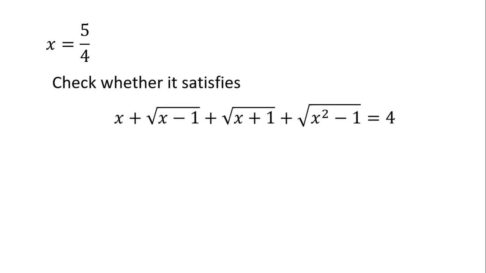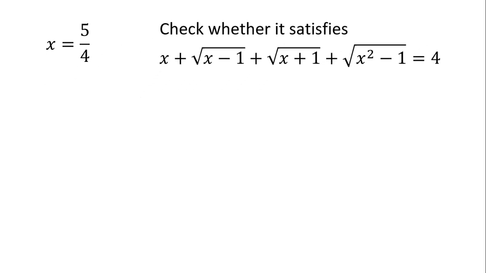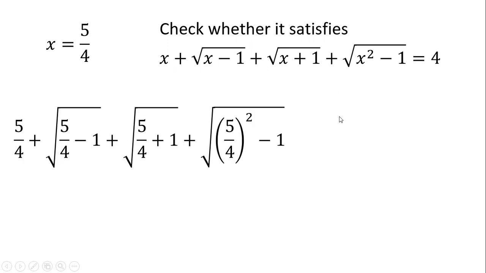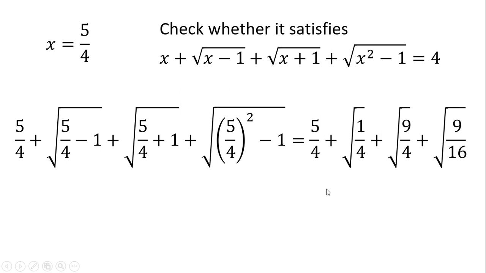So to do this, let us substitute x equals 5 over 4 in the left-hand side of the original equation and see if the result is 4. Simplifying, we have 5 over 4 plus the square root of 1 over 4 plus the square root of 9 over 4 plus the square root of 9 over 16.